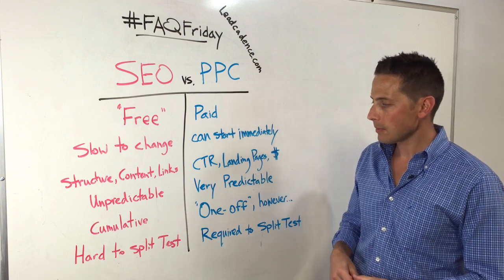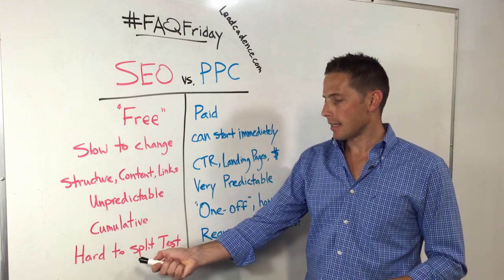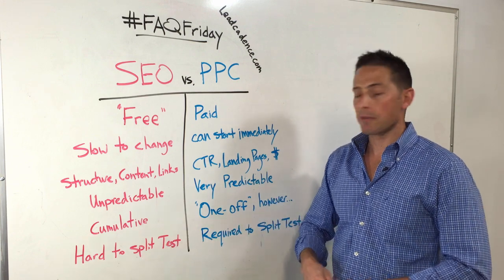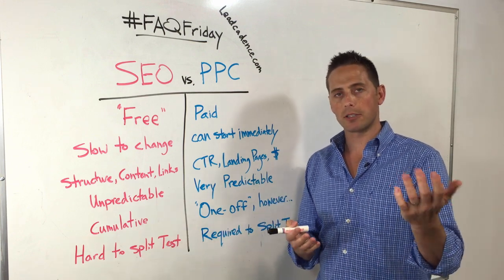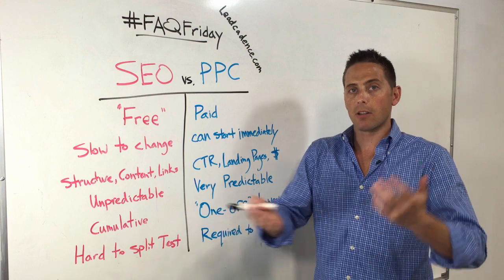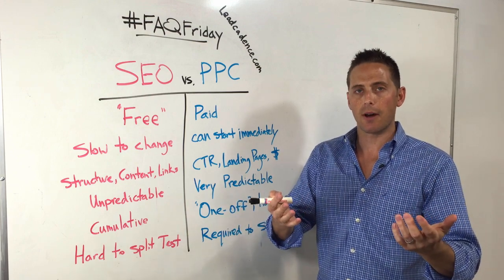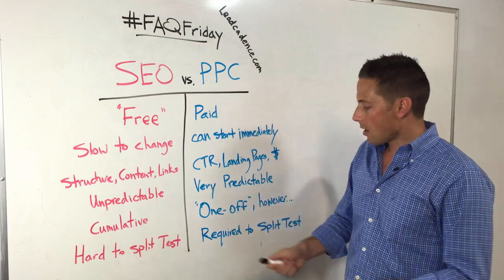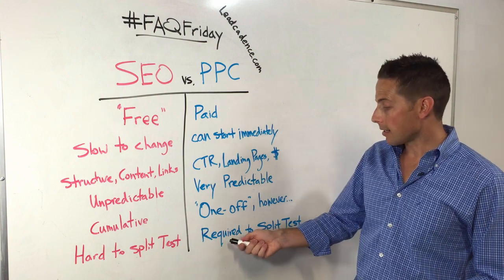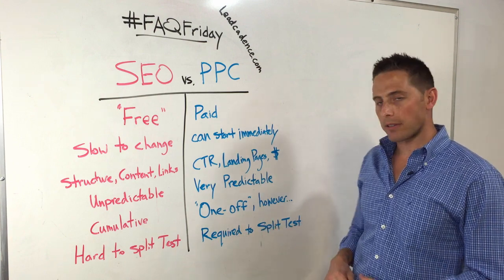Okay, the last thing is that SEO is hard to split test. If you want to try something out, if you're not sure, should I do A or should I do B, it takes a long time to get enough data to figure out which decision is the best. Pay-per-click, on the other hand, you're practically required to split test.